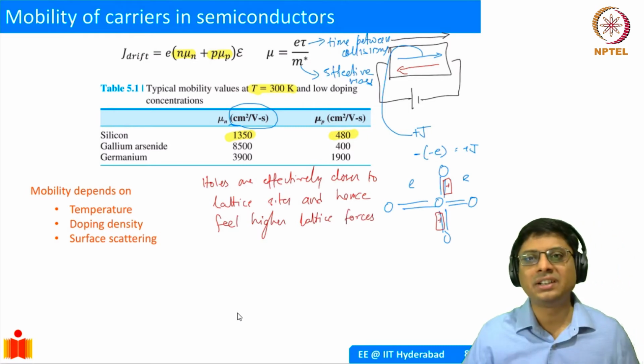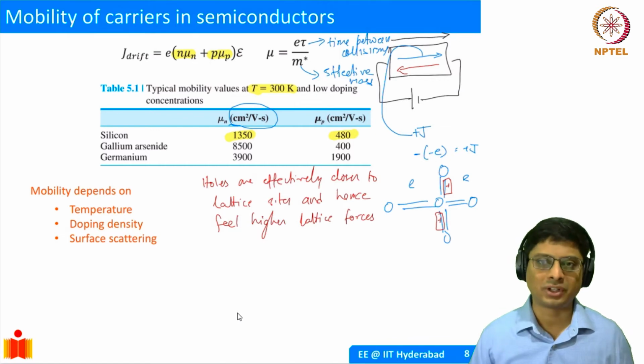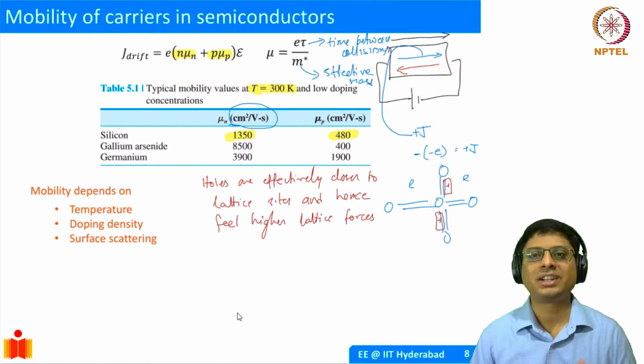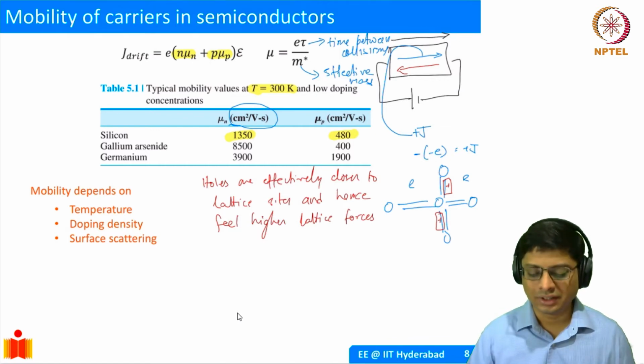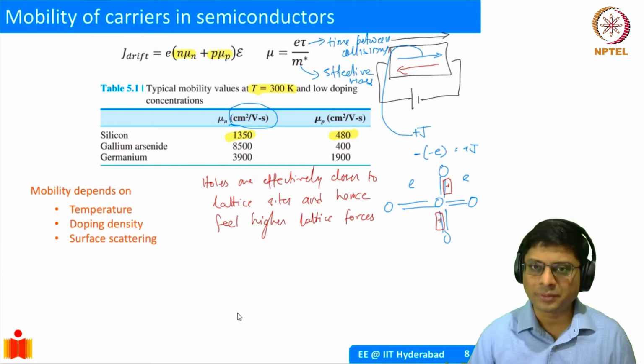Because they feel this higher amount of force, the impact of the external field is going to be smaller. And after all, the mobility is essentially capturing the impact of the external field. So you could qualitatively understand that the mobility of holes is going to be small.